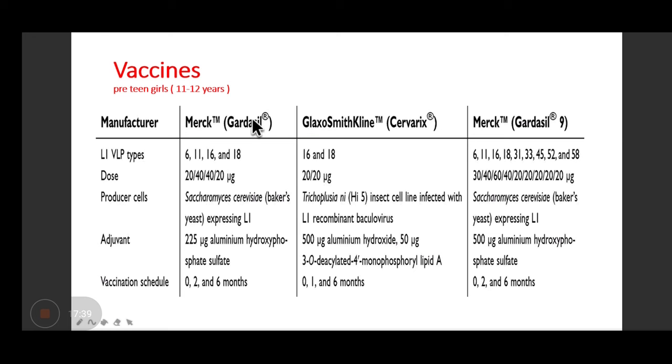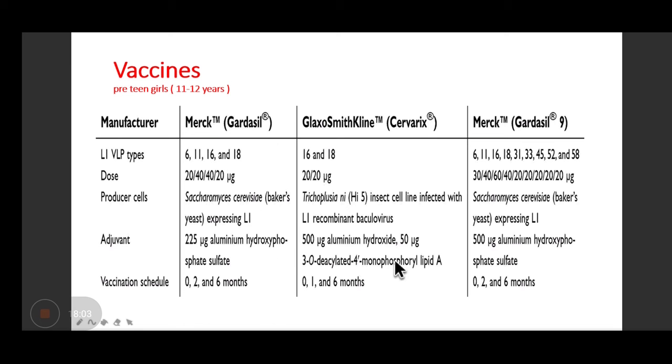Gardasil, manufactured by Merck, is quadrivalent. It has HPV 6, 11, 16, and 18. Cervarix is a bivalent vaccine, and Gardasil 9 is a nonavalent vaccine. Okay, this is the difference. These two are available in our country.